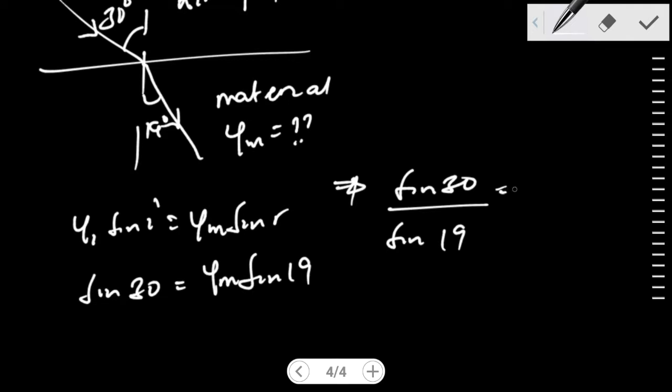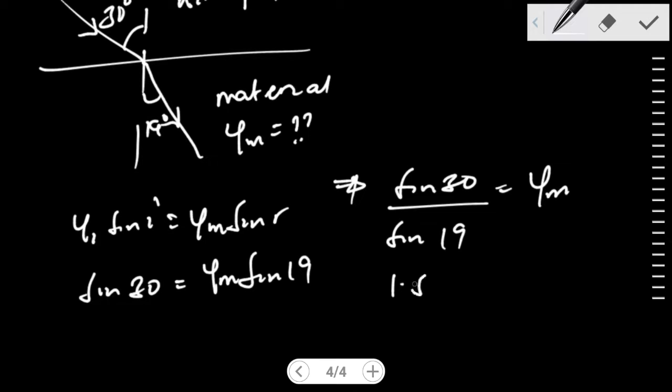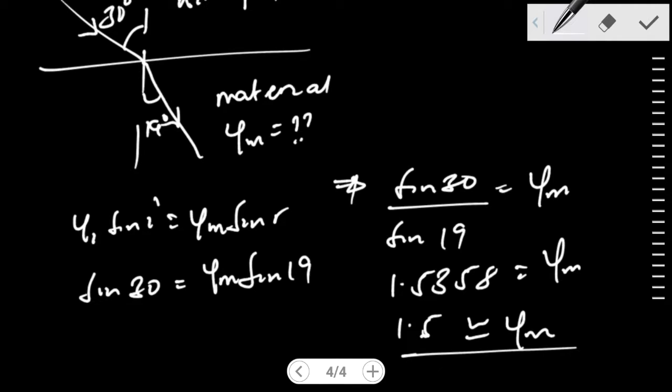So this should give us the refractive index of the medium itself. Therefore sine of 30 over sine of 19 is 1.5358, approximately 1.5, equal to the refractive index of the medium. So this is how we deal with this.